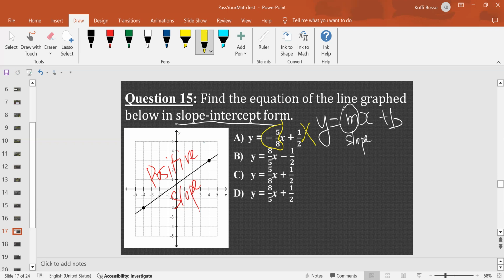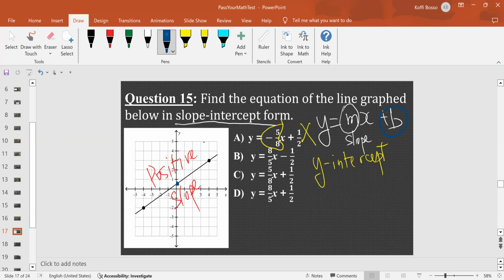Now let's use another tool, which is the y-intercept. The y-intercept is where the line crosses the y-axis. And what is that point? Somewhere here. The line crosses the y-axis between 0 and 1, which means one half.